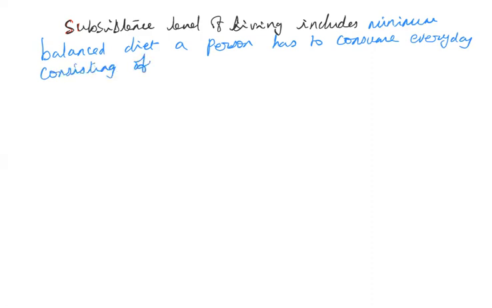so what is that balance in that basket of minimum balanced diet should consist of certain quantities of cereals, certain quantities of pulses, milk, butter, and fruits, eggs, all those things are included in the consumption basket.